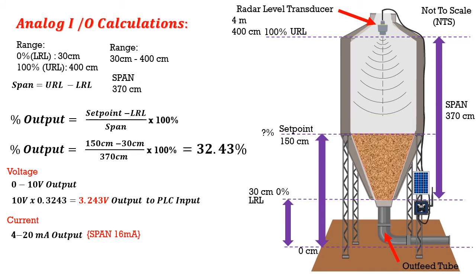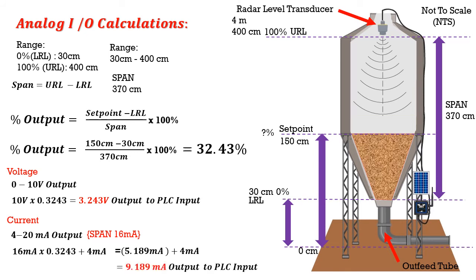So we take our 32.4% and multiply that by our span of 16 milliamps. Then we have to add our 4 milliamp offset back into that, which, when we do that operation, our transducer would be sending a signal of 9.189 milliamps, or 9.19 or 9.2 milliamps to the PLC input.